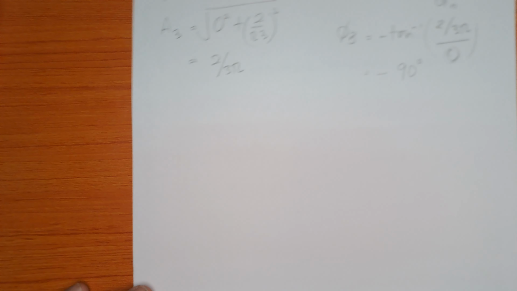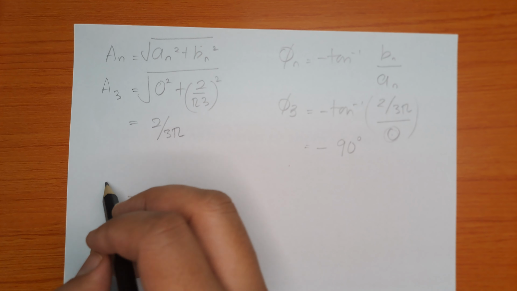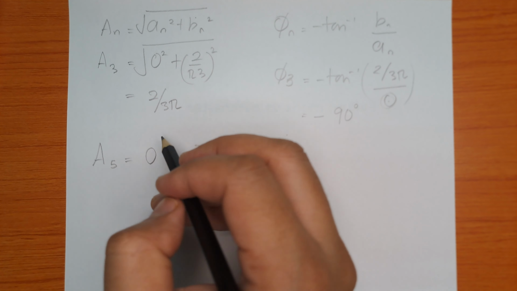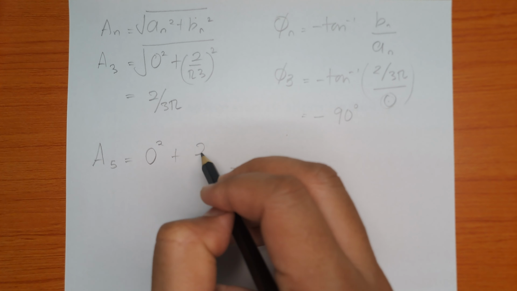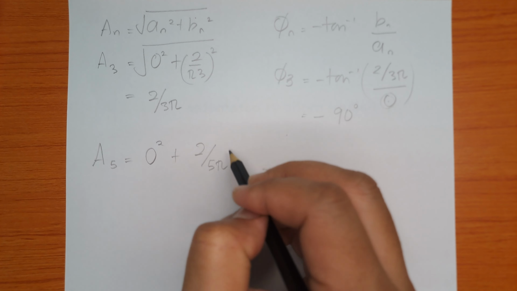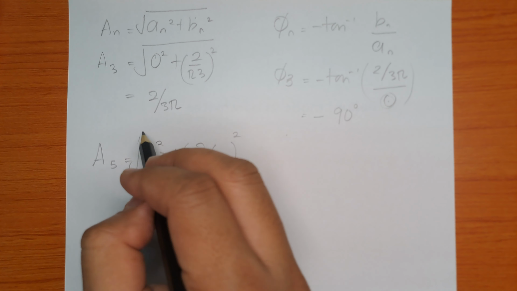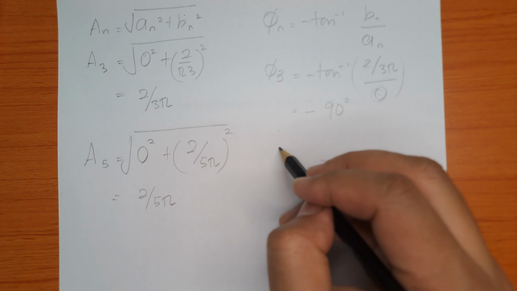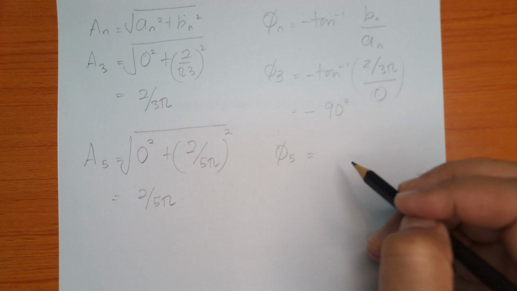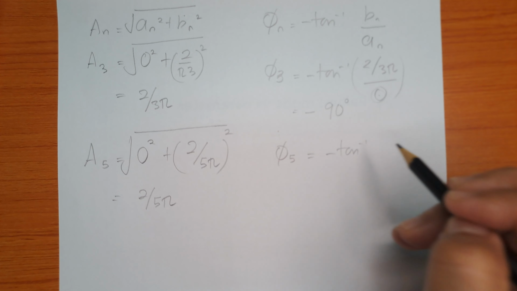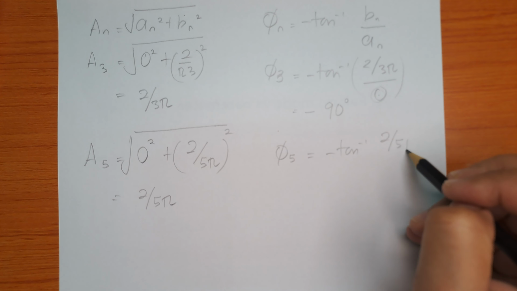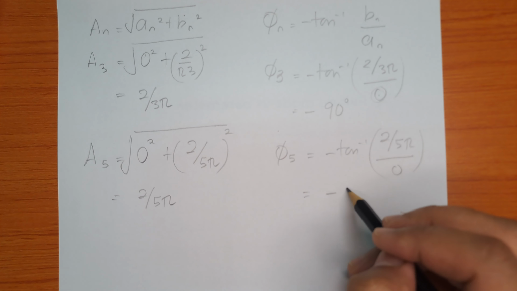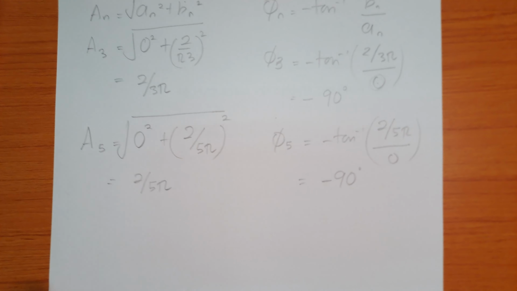Repeat the same process for A5, and you get 2 over 5 pi. Same thing for the angle, for the phase, you get negative 90 degrees.